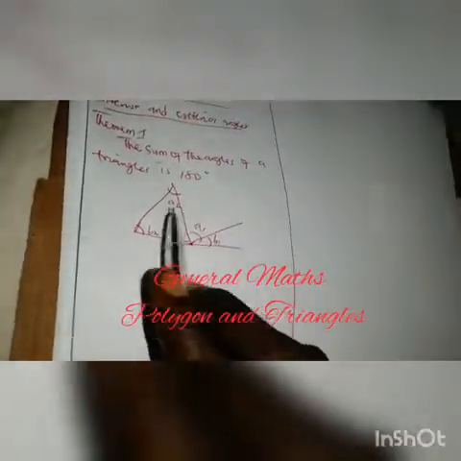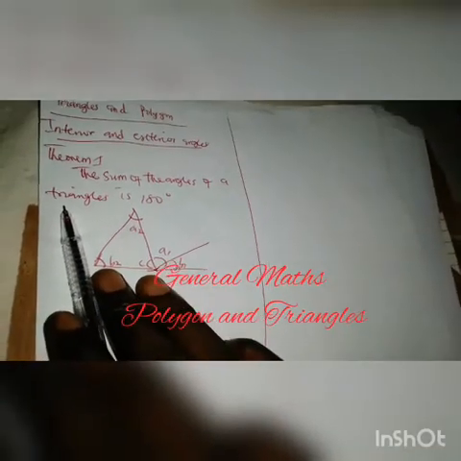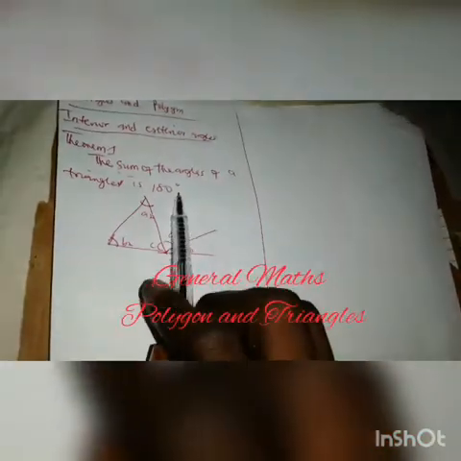These letters represent angles. So what am I trying to say? The theorem said the sum of the angles of a triangle is 180.